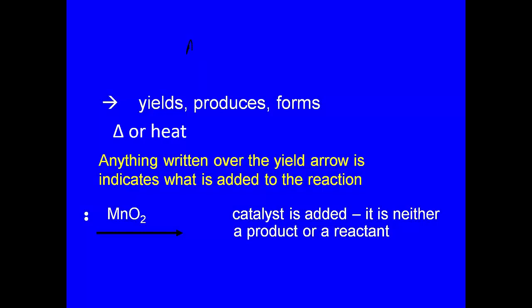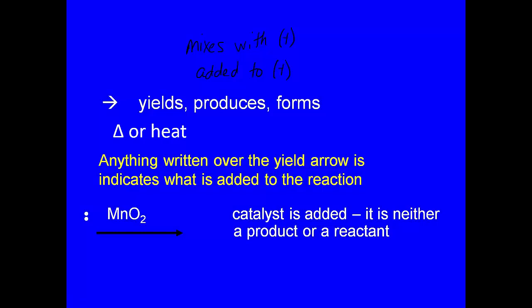Another one would be mixes with, that means a plus sign, added to, again, turns into a plus sign. So we're taking those words and we can turn them into our chemical reaction.